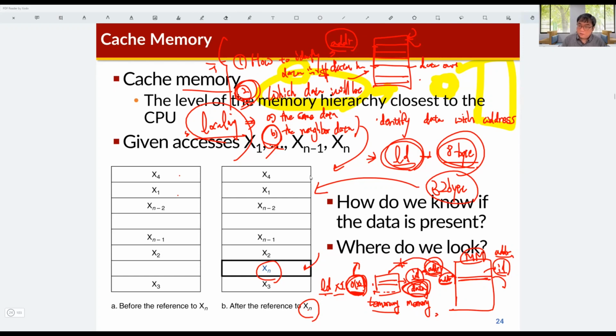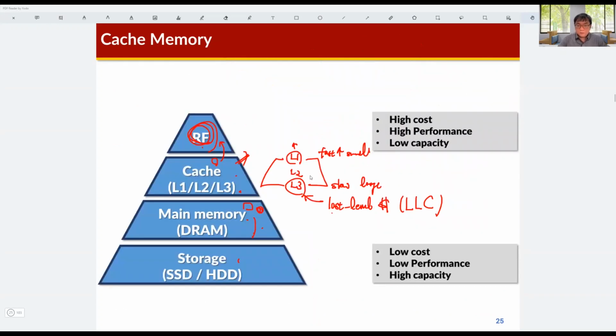In order to identify data, we use the address. So when the data is stored in the cache, the address information of this data is also stored in the cache. Why? We need to identify which data is stored in the cache. So just remember.